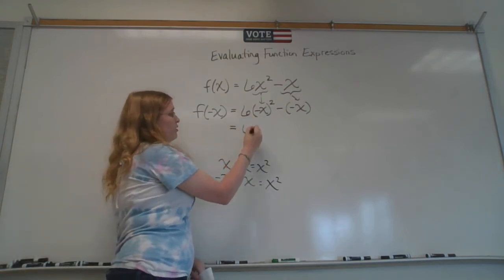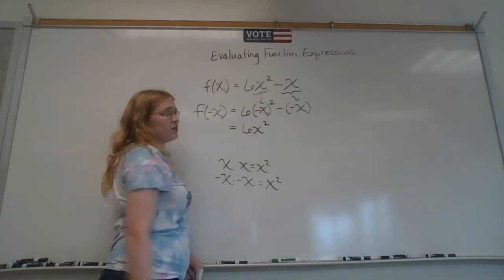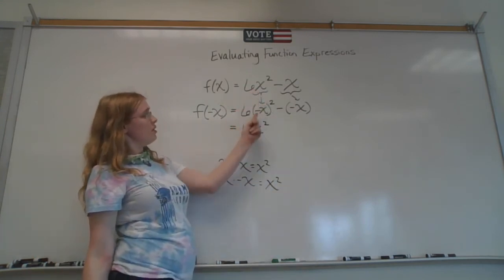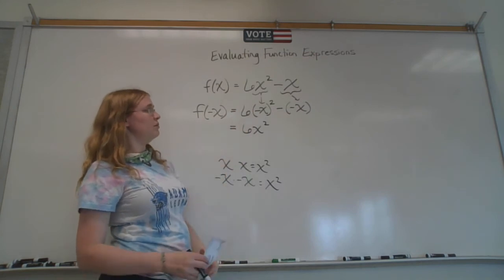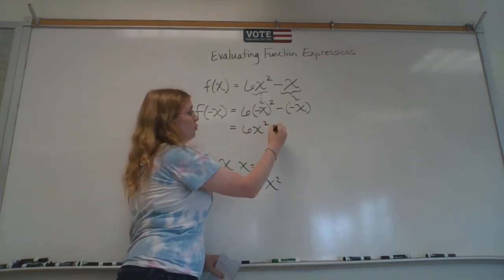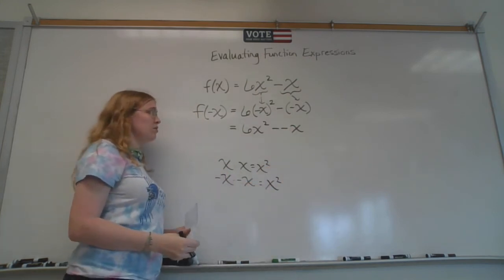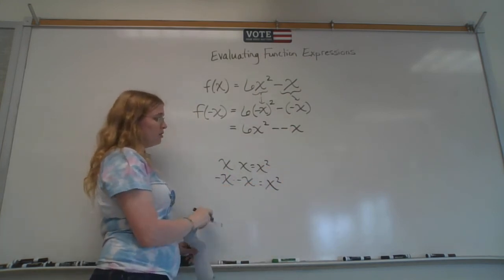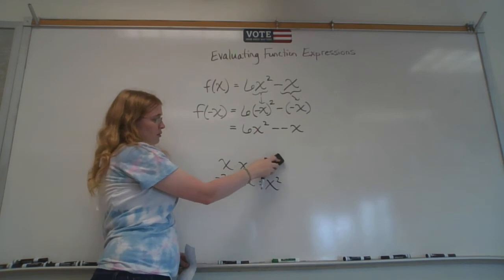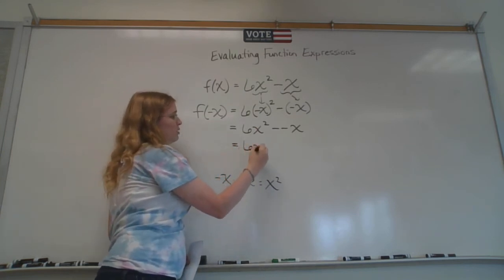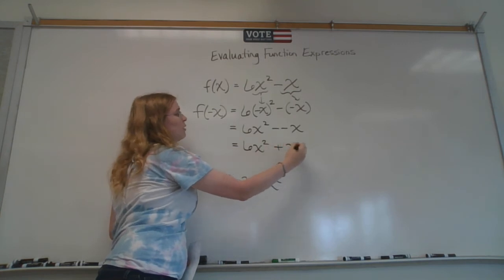Negative x squared is just the same as x squared when the negative is inside the parentheses. So this didn't change. Over here, we've got minus negative x. It's not squared. There's nothing that cancels out. So this ends up being 6x squared plus x.